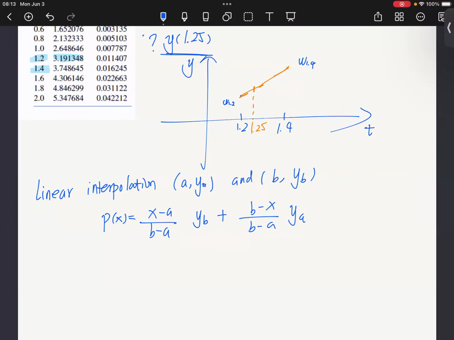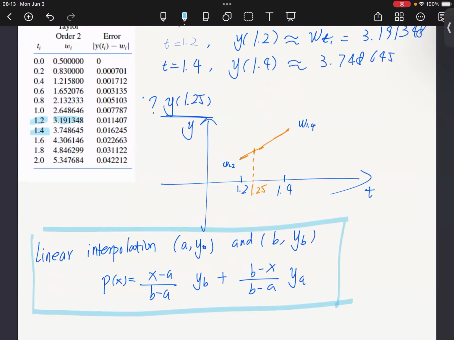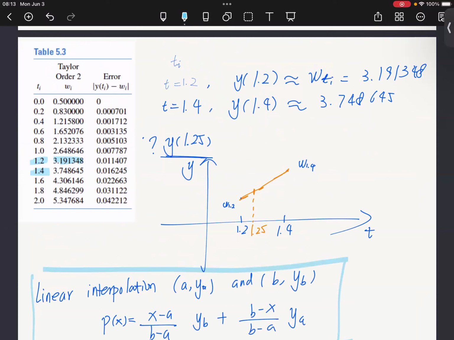Here we want to do the interpolation for 1.25. We have 2 points: the 1.2 point, with its first and second components, and the 1.4 point, with its first and second components.